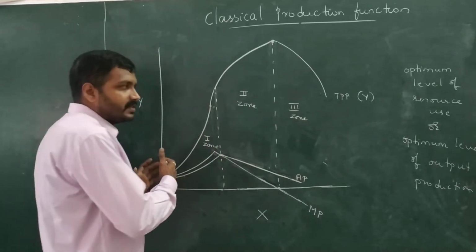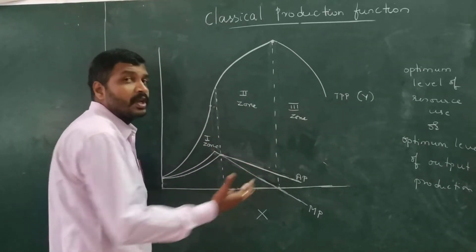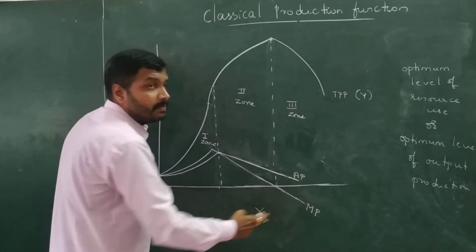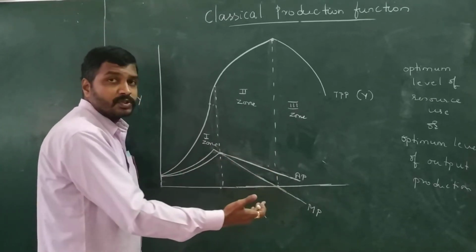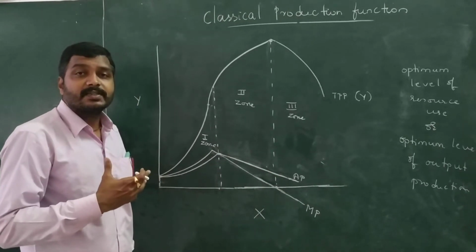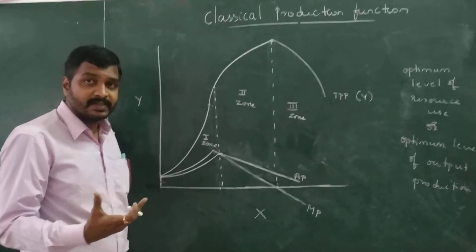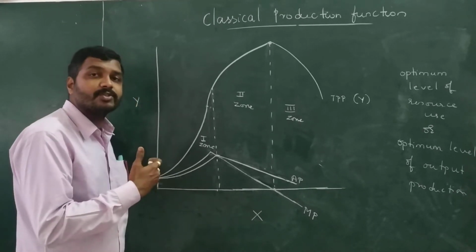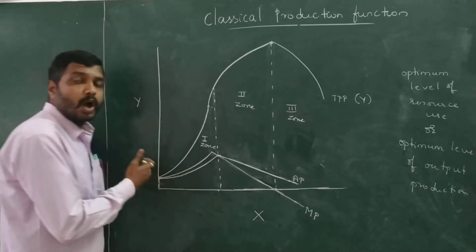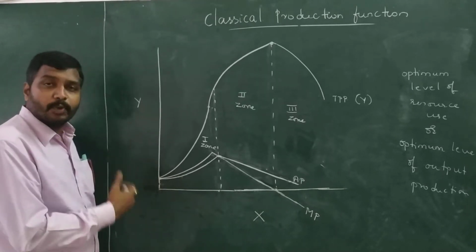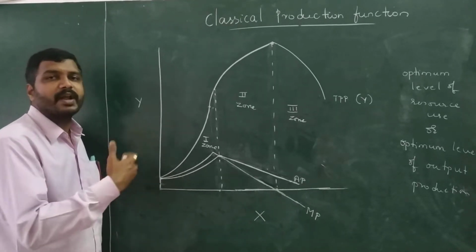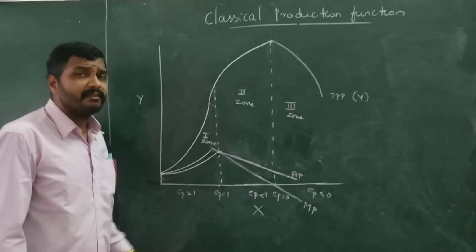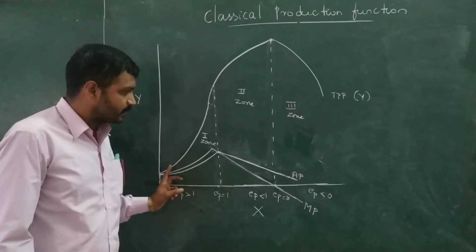Once we categorize this entire production function into three zones, now we can understand how actually the TPP, APP and MPP will behave in each of these zones, and it will give us a sort of clue whether the farmer should stop or continue application of inputs, or whether the farmer should stop production of that particular activity or continue production of that activity. Okay, now we will study the characteristics of each of these zones.